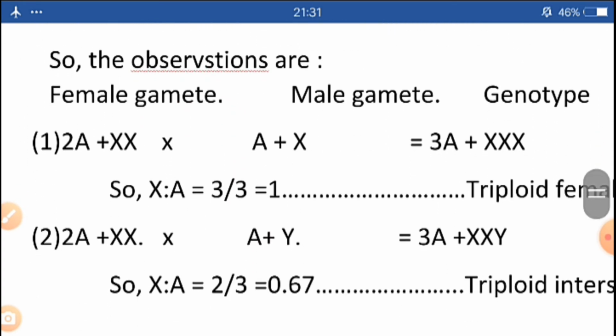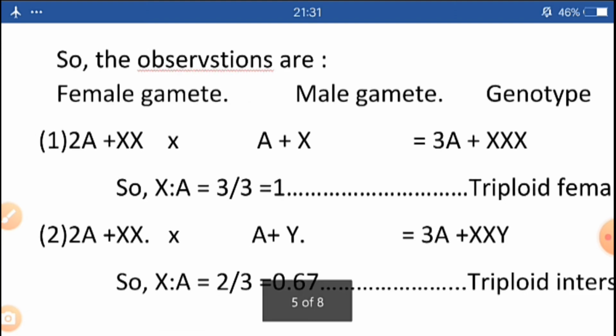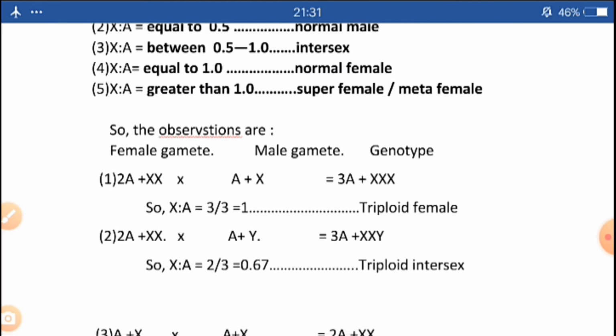So these are the results. From the first block, we got the index as 1.